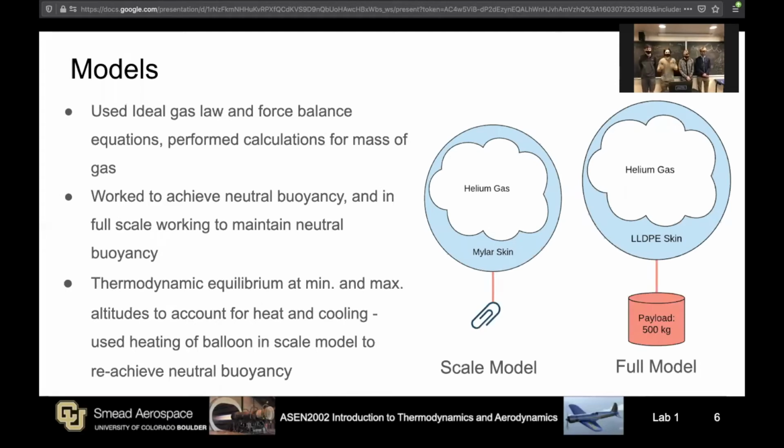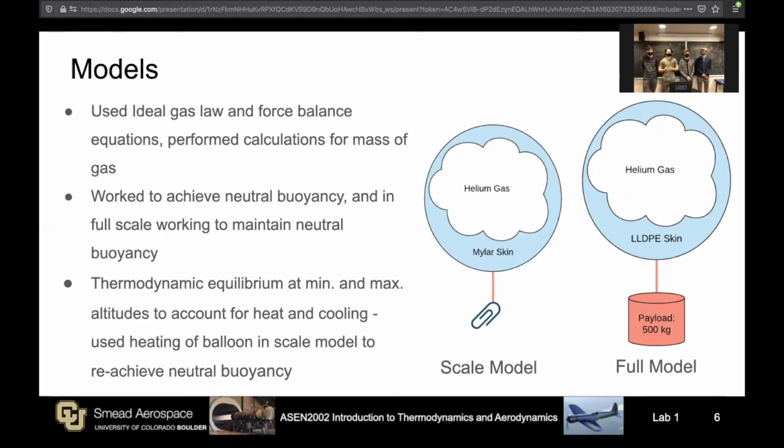So as far as models go, we began the lab by doing a scale model using a paperclip and a normal sized balloon that had a mylar skin, which is another polyethylene, and we filled it with helium gas and put a certain payload on it. With that scale model, we were able to use the ideal gas laws and force balance equations to perform calculations to find the mass of the helium itself.